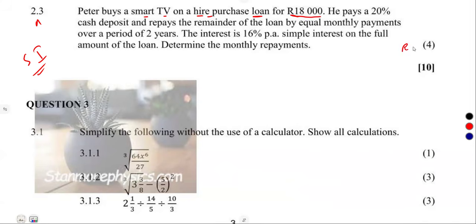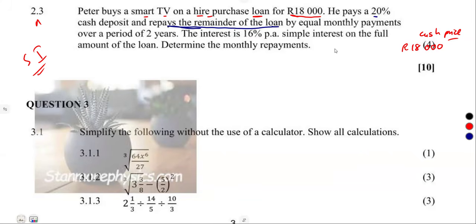So this is the amount of the TV, 18,800 cash price. All right, our cash price. So here they're saying he pays 20% cash deposit and repays the remainder of the loan by equal monthly payments.